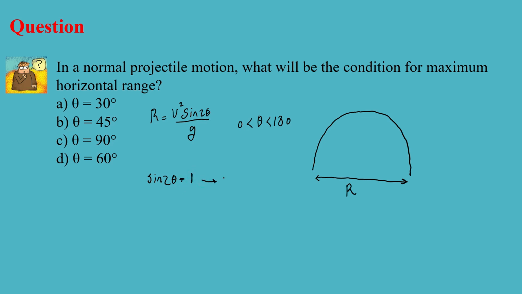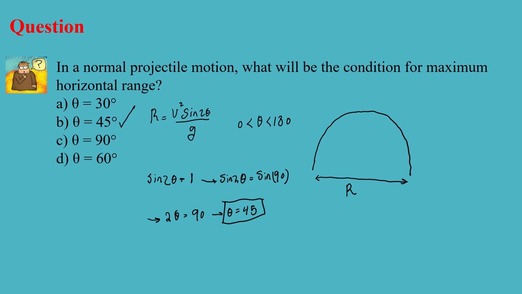That means my sine 2 theta is equal to sine 90, because sine 90 is equal to 1. So that's telling me 2 theta should be 90, then my theta is 45, right? So then B is going to be my correct answer.